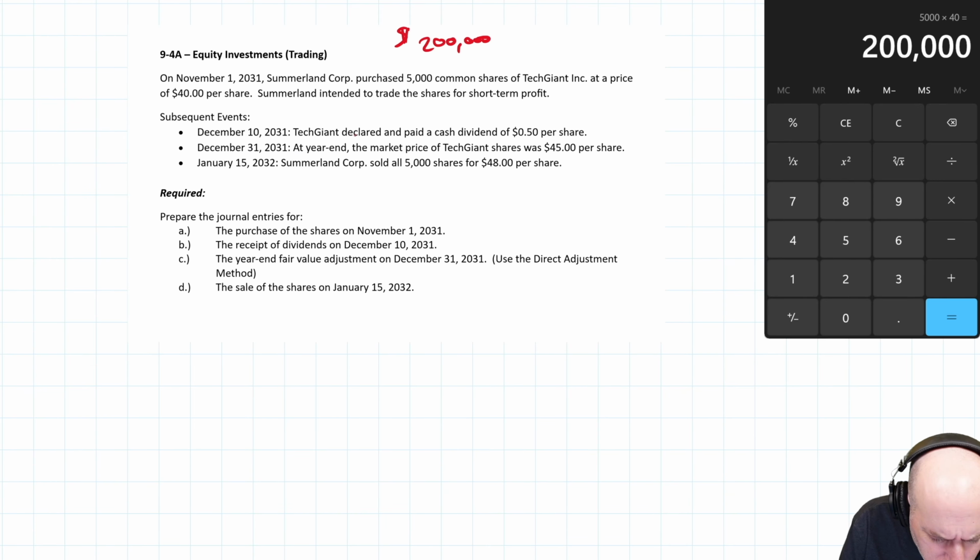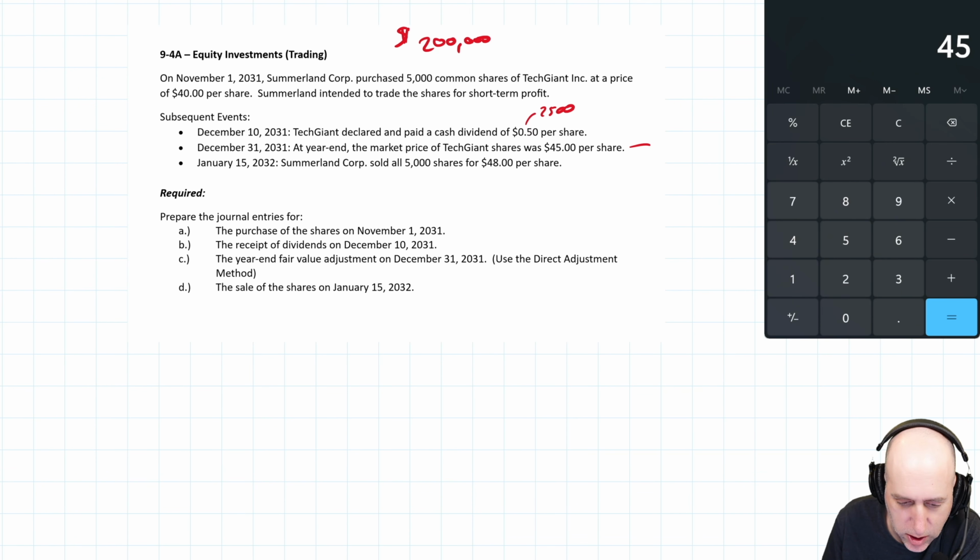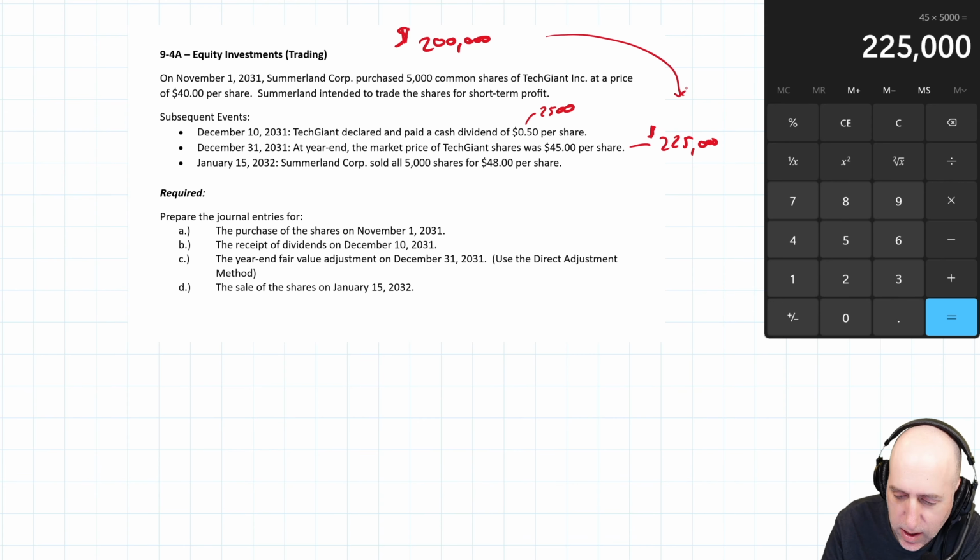December 10th, 2031, TechGiant declared and paid a cash dividend of 50 cents a share. We own 5,000 shares, so that's a $2,500 dividend in our pocket. On December 31st, 2031, at year end, the market price of TechGiant was $45 a share, so it's gone up. The value of our investment, $45 a share times 5,000, is $225,000, and of course that represents an increase of $25K.